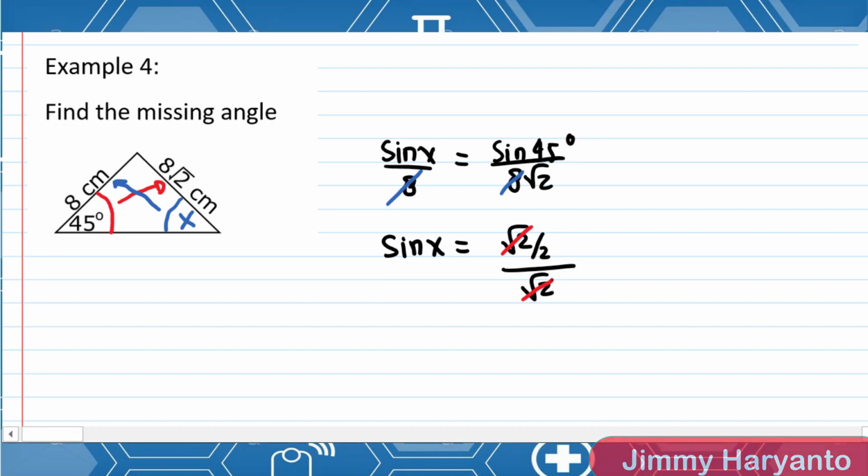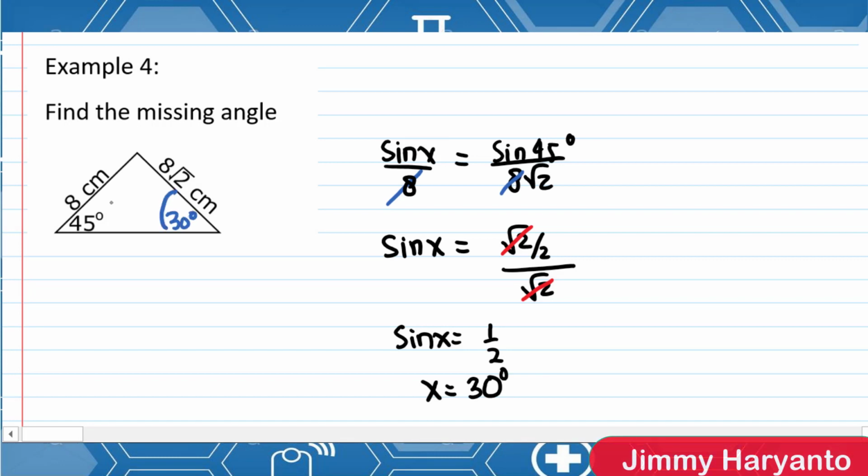We can cross out the square root of 2 also, so sine x equals half. So x will be, you can think like this, sine how many degrees equals half. In the table you know that x should be 30 degrees. So I can tell that x equals 30 degrees.